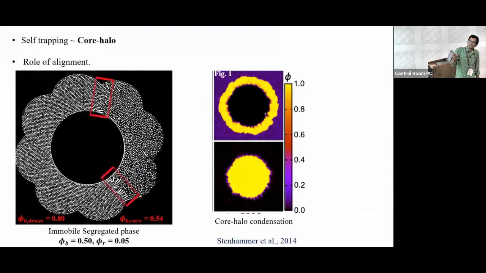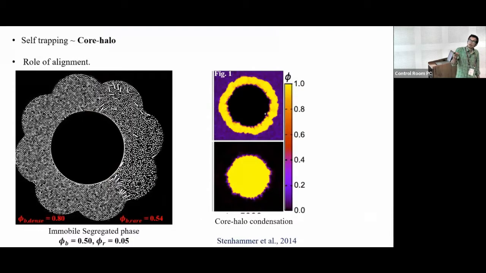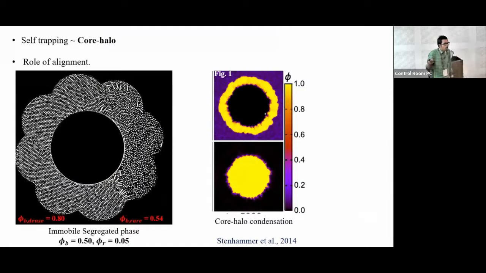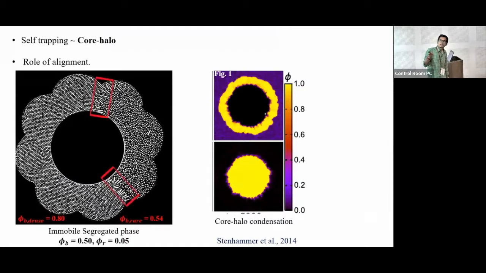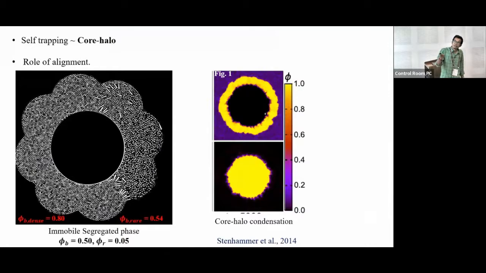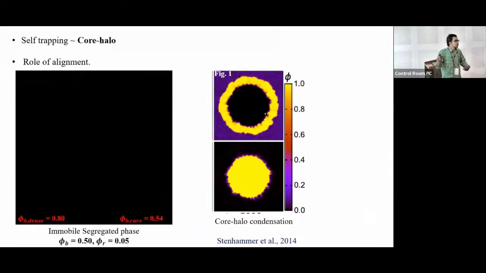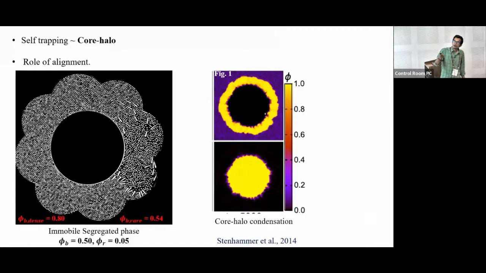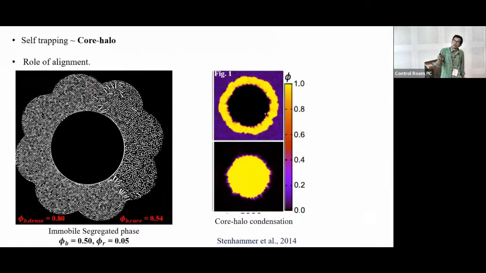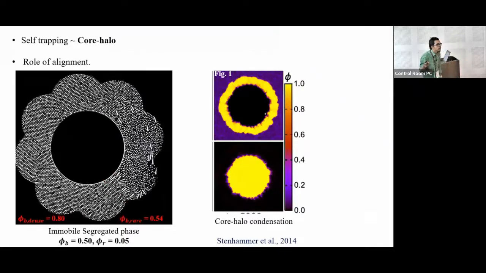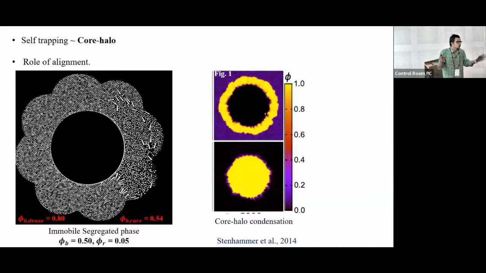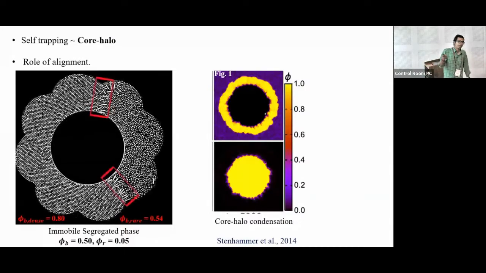The question is why we are not getting such a core halo structure in 2D. In spite of these rods being tapered, they very strongly favor parallel alignment, and because of that, it is not possible to form a splay configuration which can stabilize a circular dome made up of beads in 2D.